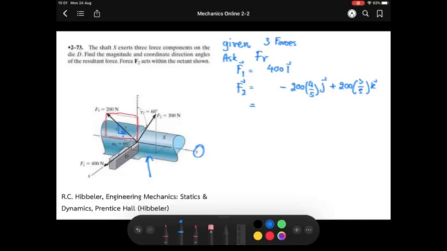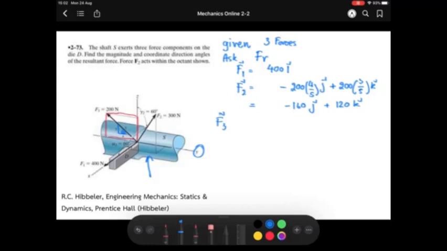You can use your calculator and find out it is minus 160 j plus 120 k, like this.